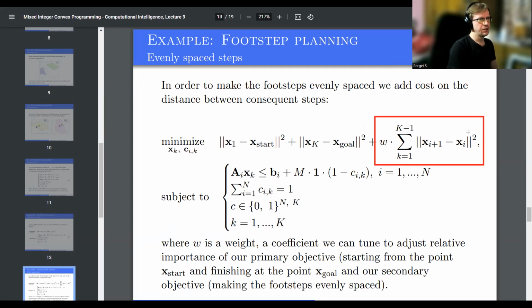By the way, you can also strike down those squares, and then you would minimize the actual distances between steps. With the squares, what's going to happen is a step like this would be equivalent to one step like this, in terms of the squares: the square of this step is equal to the sum of the squares of those two steps.